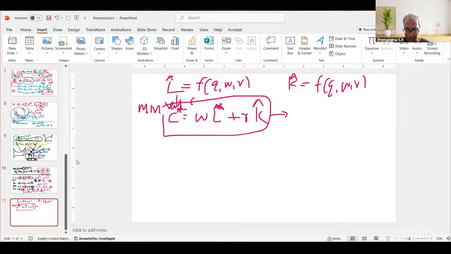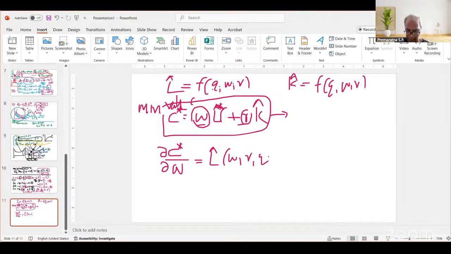Now, another thing which I also give in the exam: from this you can differentiate with respect to W and R, because this L also comes with the variables W and R. When you differentiate the minimum value cost function with respect to W, you get the labor demand function.